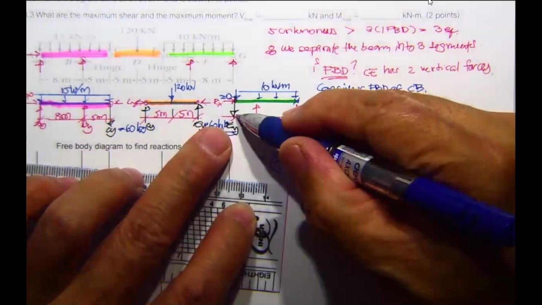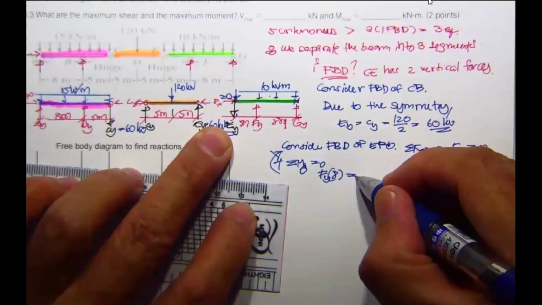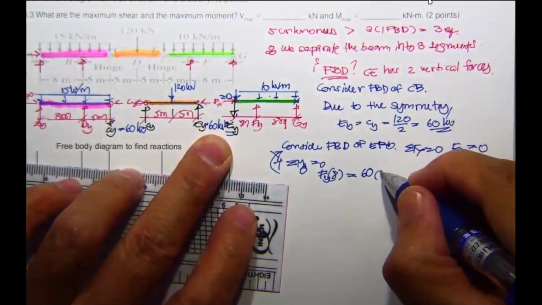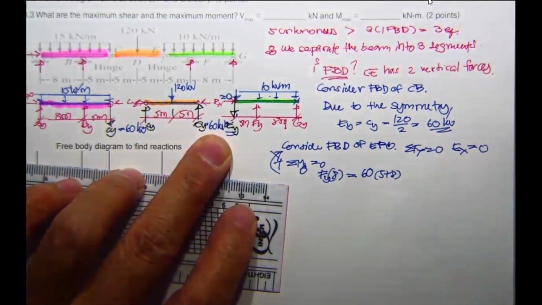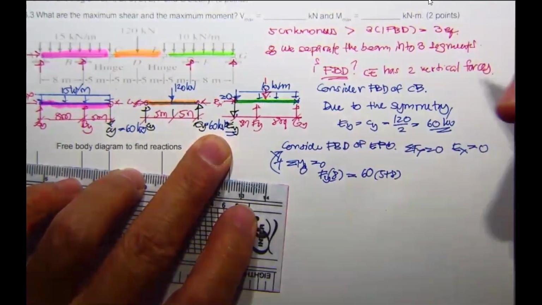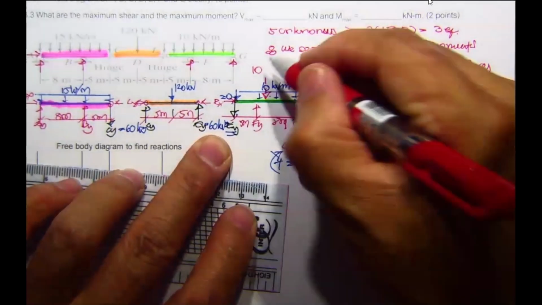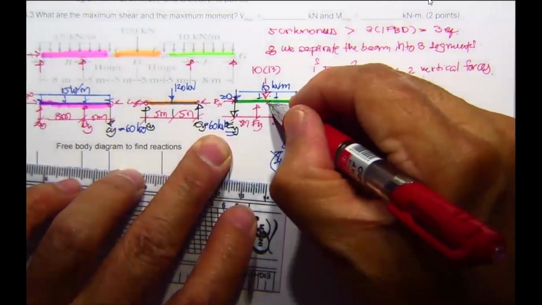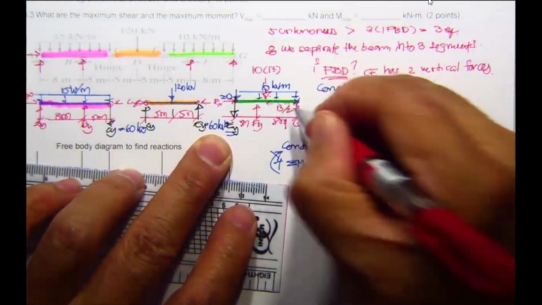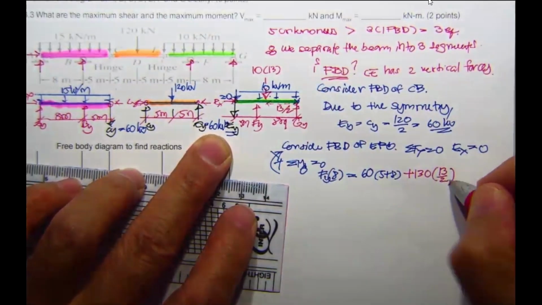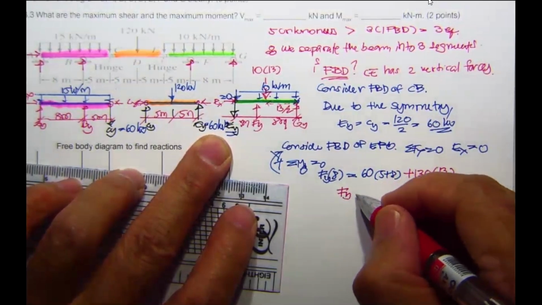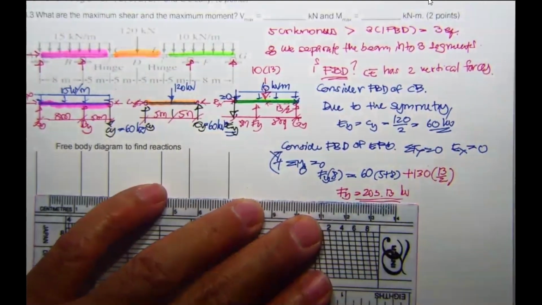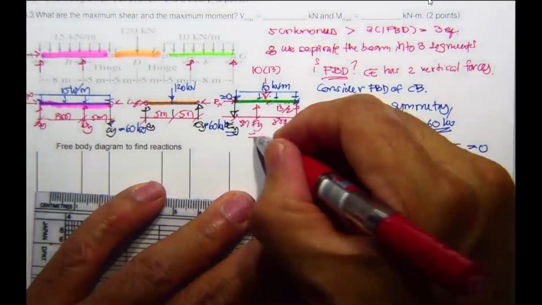And then the opposite is 60 times 5.8, and then the area is 10 times 13, which is plus 130. The length from here to here is 13 divided by 2, times 13 divided by 2. F sub y should be 213.13 kilonewton.